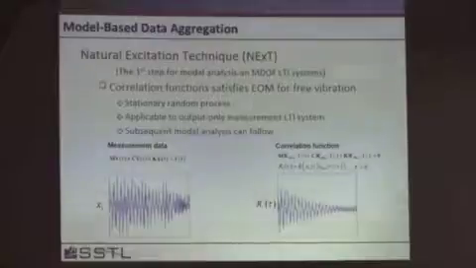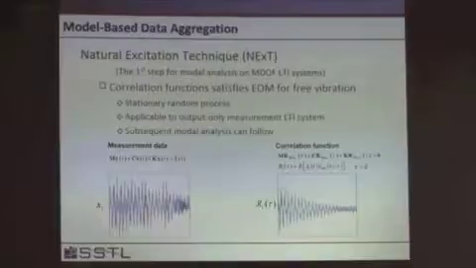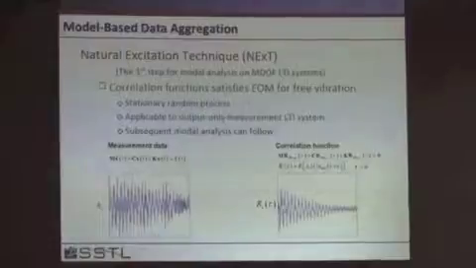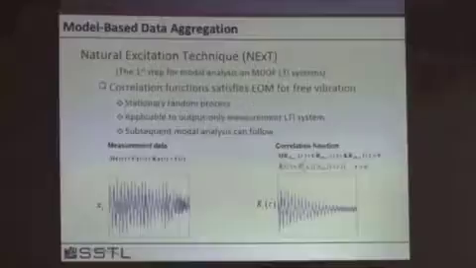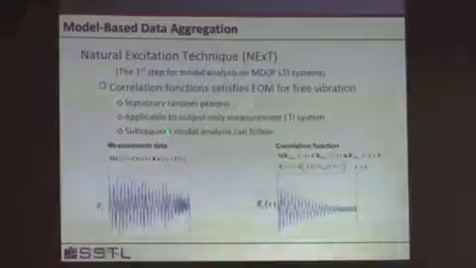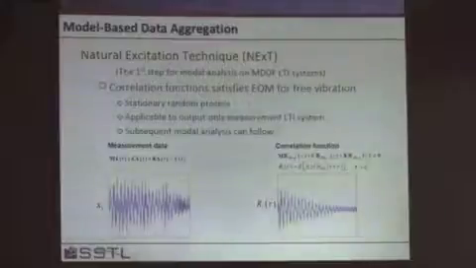Now, one particular technique that's been very popular in structural health monitoring for ambient vibration testing is the natural excitation technique, developed at Los Alamos National Laboratory. And the main idea is that if you take the measured data and you calculate the cross-correlation function, it satisfies the homogeneous equation of motion.